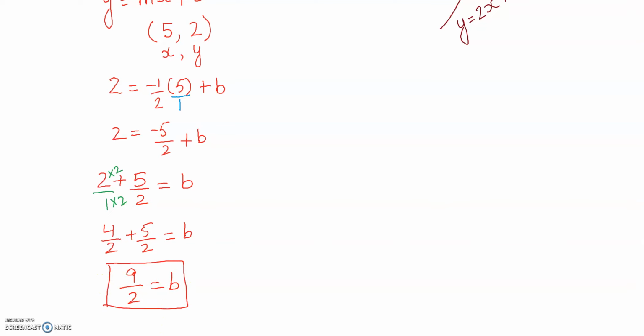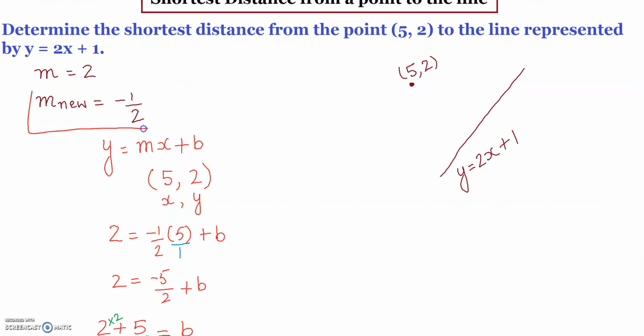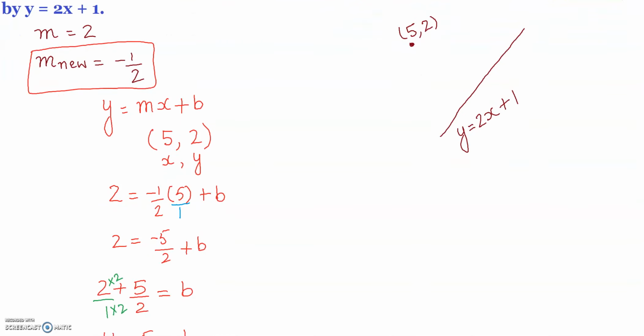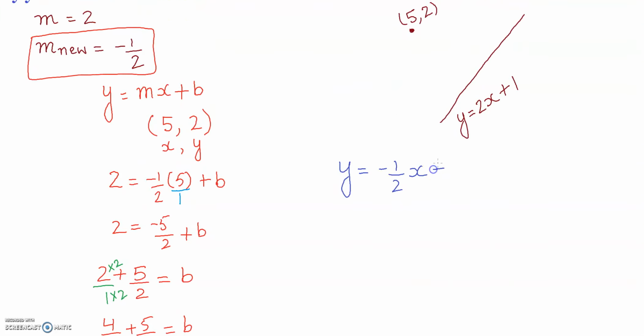We have the slope, which is here. We can write the equation of a line: y equals negative 1 over 2x, the y-intercept is 9 over 2. So that's the equation of a new line using the negative reciprocal slope and the new y-intercept.